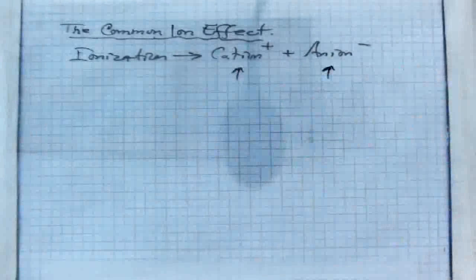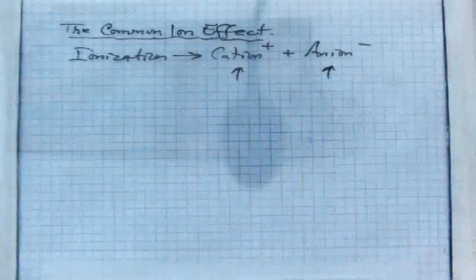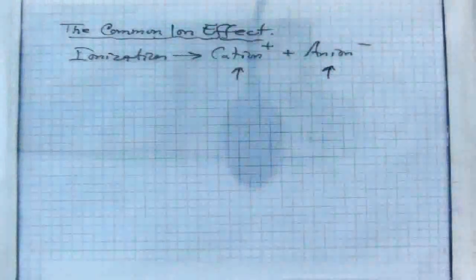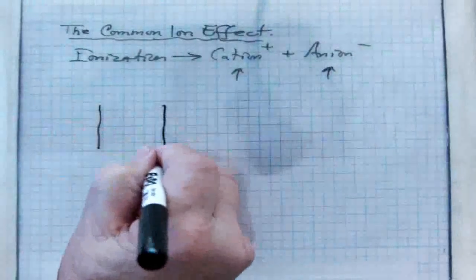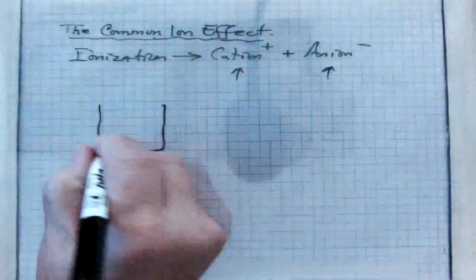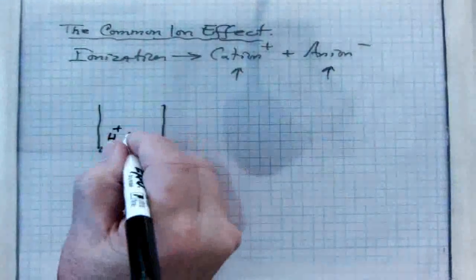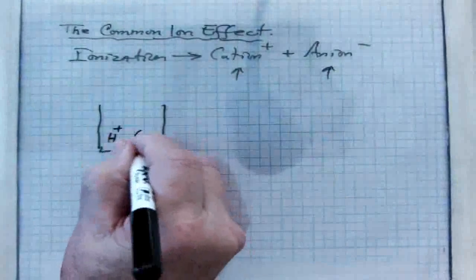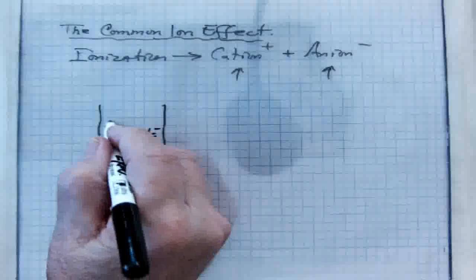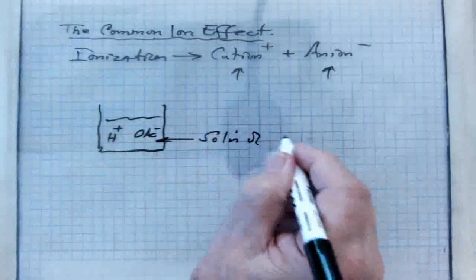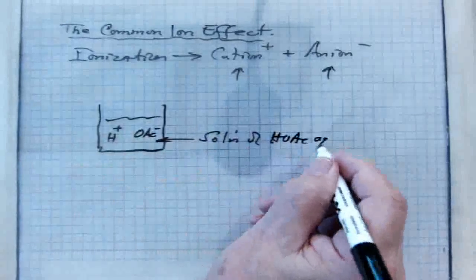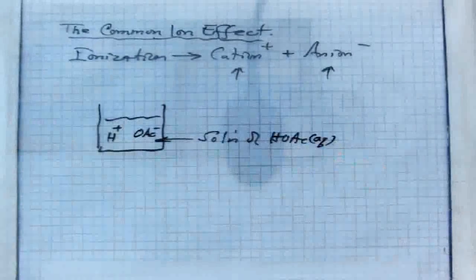For example, if I have a solution of acetic acid, it's going to have hydronium ions and acetate ions in it. Now, let's say you come along and pour into this solution, solution 2, a solution 2 having a common ion.